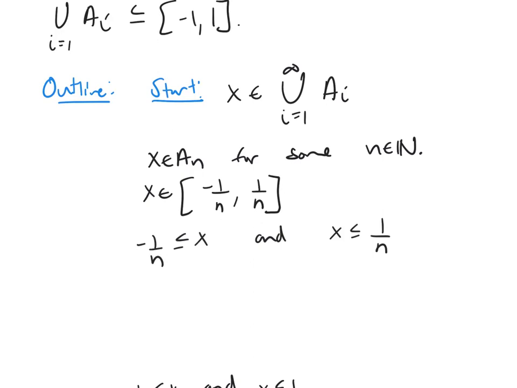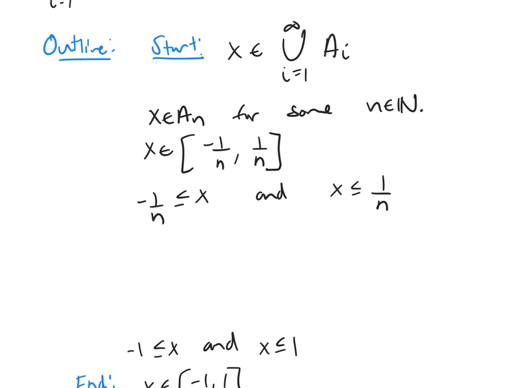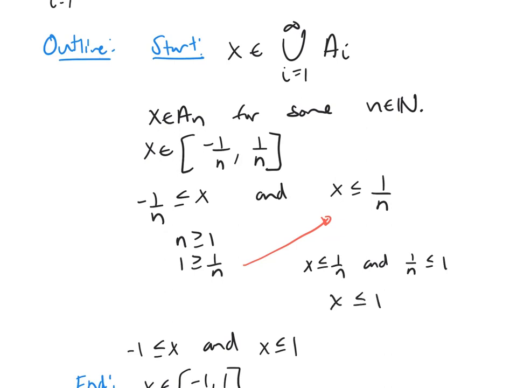But remember, what do we know about n? n is in the natural numbers, so n is at least 1, which means if I divide by n, I get 1 is greater than or equal to 1/n, which means, putting this together with what you have over here, x is less than or equal to 1/n, and 1/n is less than or equal to 1. So this tells us x is less than or equal to 1.